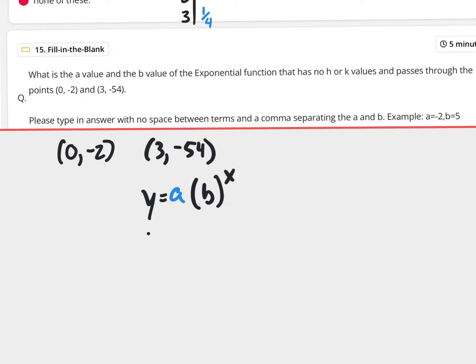If we say y equals, I don't know a, but if I plug in this x value of 0 up here into this x position, then b to the 0 power is 1, and 1 will be the answer a, okay?